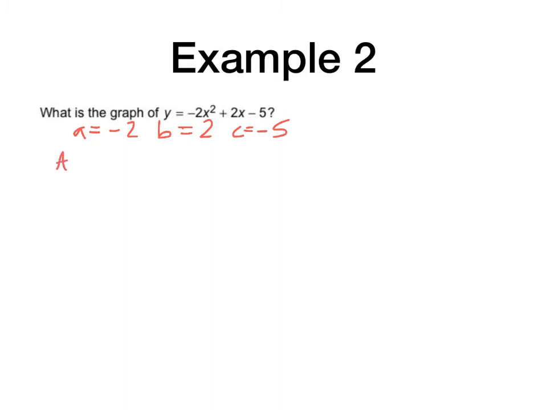So now let's find our axis of symmetry. What's the equation for axis of symmetry? Negative b over 2a. So now we just plug in our b and our a. So we have negative 2 over 2 times negative 2.